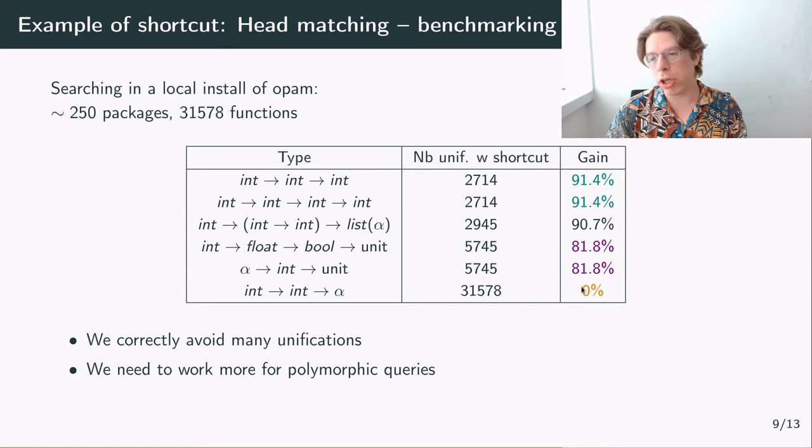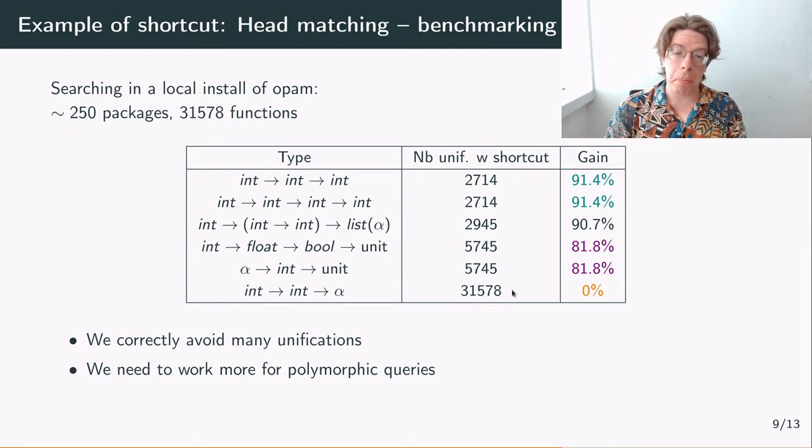So the percentage here is the percentage of unifications that were avoided by this shortcut. And we can see we avoid many unifications, except in the case where the query itself has a variable at the beginning. In this case, we do not gain anything.